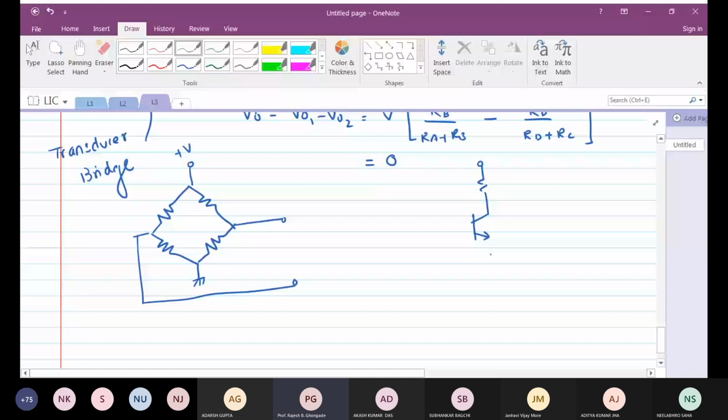Let me draw it again. Can I do it like this? Whatever is the loop.